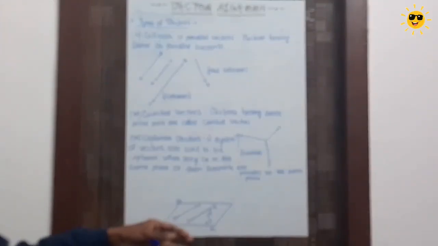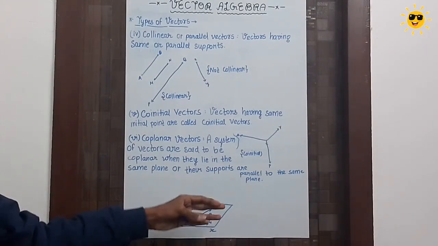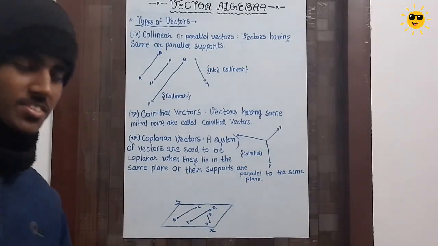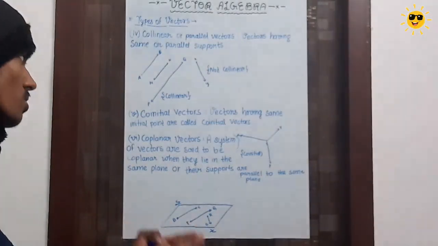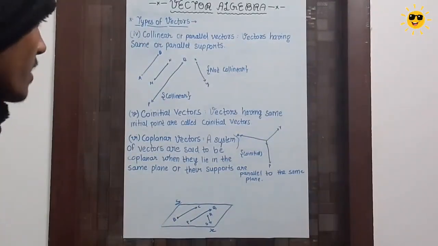There are three vectors in this plane: BC vector, PQ vector, RS vector. They all are in the same plane. Thus, all these three vectors will be called coplanar because they all lie in the same plane.